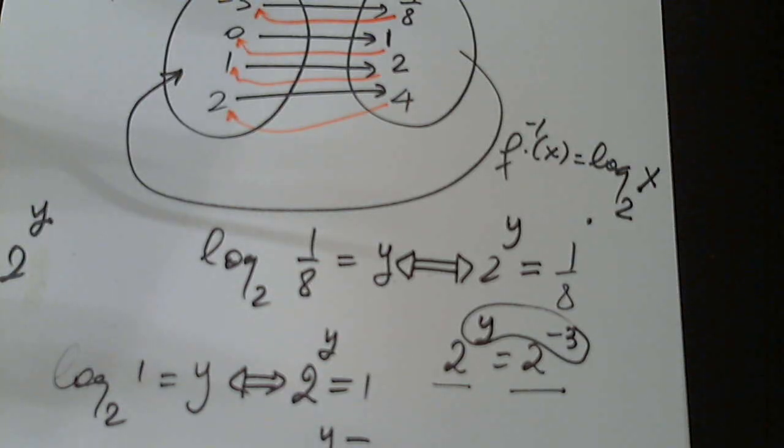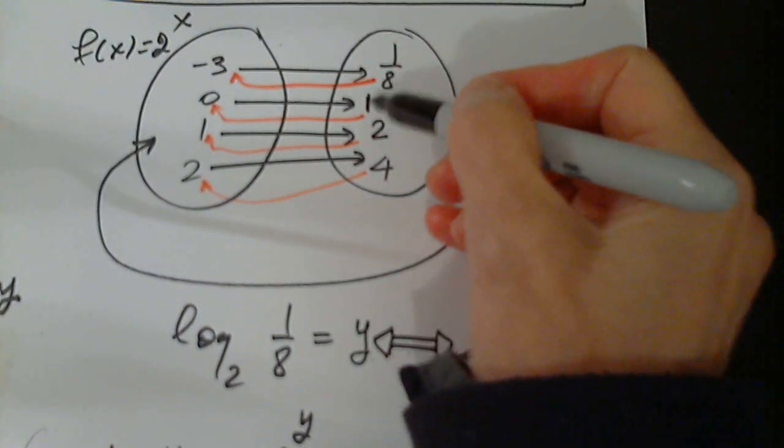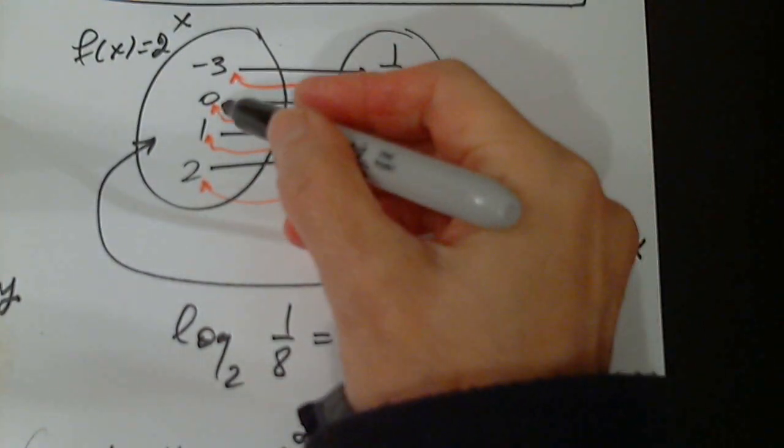Zero. Exactly, of course. So we showed that when we apply log base 2 to 1, we get back 0.